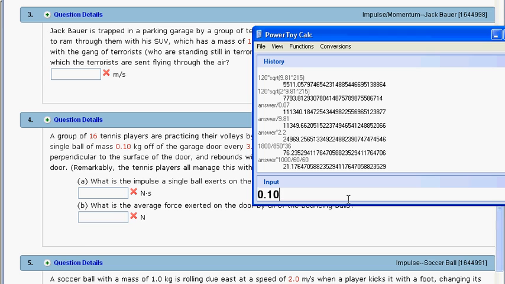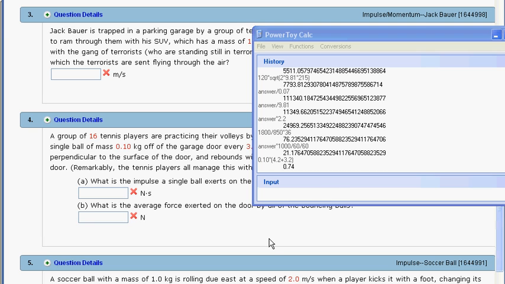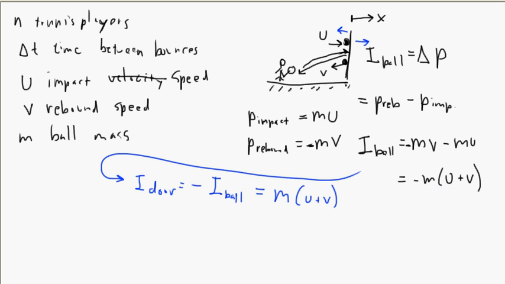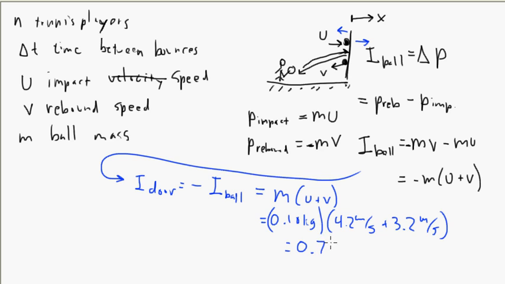0.10 kilograms times 4.2 plus 3.2 is 0.74 kilogram meters per second. So this was 0.10 kilograms times 4.2 meters per second plus 3.2 meters per second, and that's going to equal 0.74 kilogram meters per second.